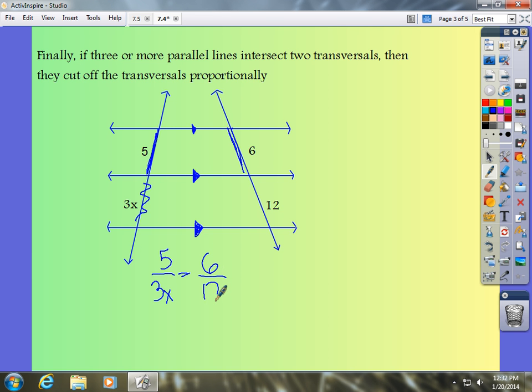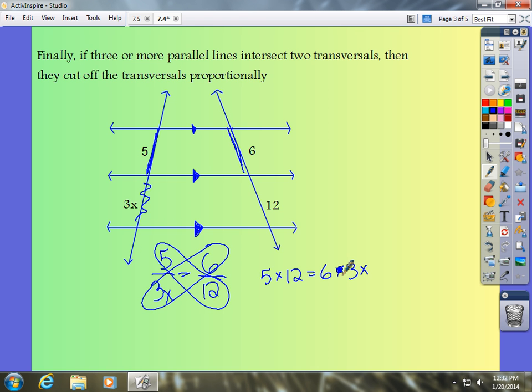Then we simply cross multiply. 5 times 12 is going to equal 6 times 3x.